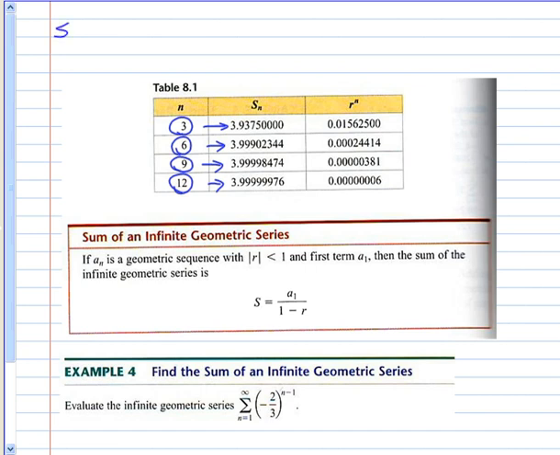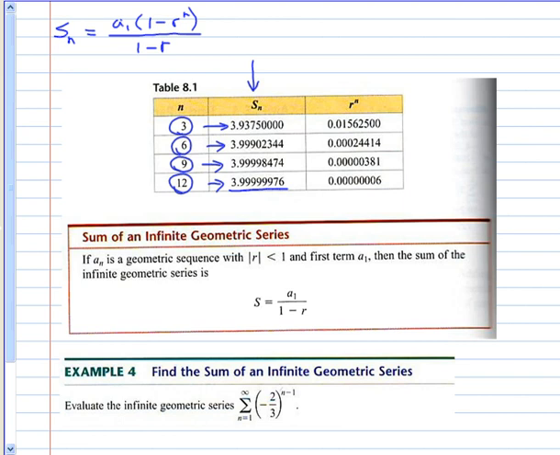Let's look back at our sum formula for a geometric partial sum: a sub 1, our first term, times 1 minus r to the nth power, divided by 1 minus r. And let's look at why this sum keeps getting closer and closer to some value.